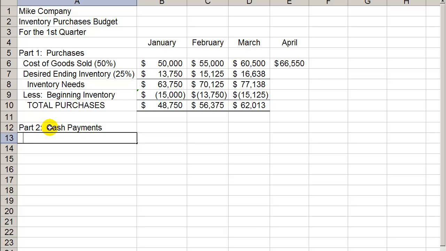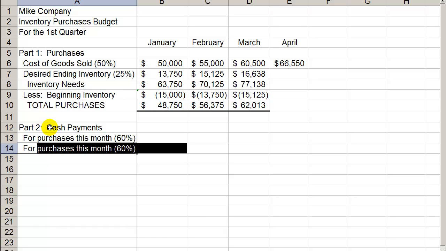So cash payments for purchases this month, we're going to pay for 60%, and cash payments for purchases last month is 40%.